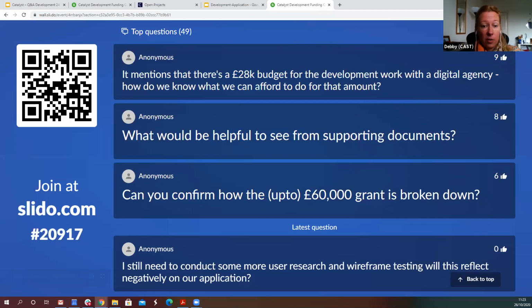How do we know what we can afford for that amount? Again, it's about the organization as well. Ten weeks seems like a lot, but if you start focusing on a specific challenge, you have to be realistic about what you can achieve. And we were hoping that you could develop a prototype or a minimum viable product at the end of the 10 weeks.